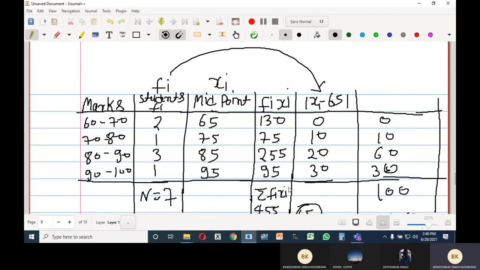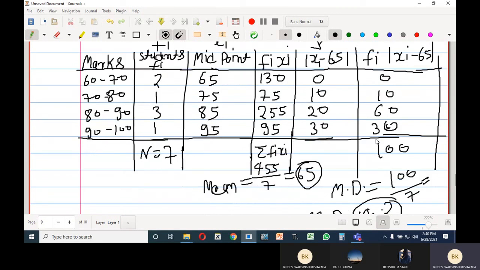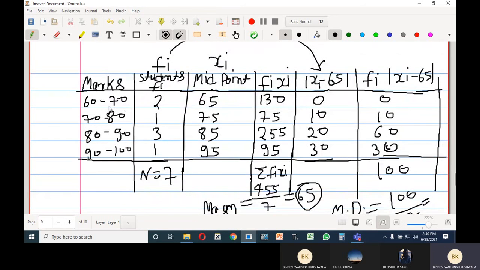So you will have fi into mod xi minus 65, where 65 is the mean. So when you calculate mean deviation for continuous series data, you will calculate the midpoint, and this would be xi, and the whole remaining process you will do like the discrete frequency distribution.